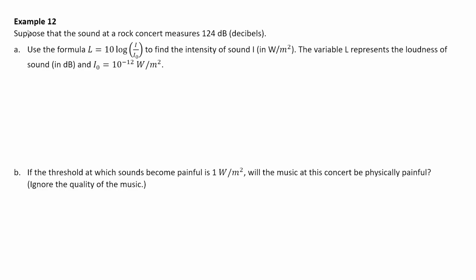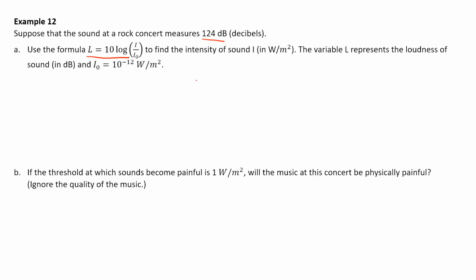The variable L represents the loudness of sound in decibels, and I sub 0 equals 10 to the negative 12 watts per square meter. So we're going to use this equation and fill in all the things we know, which is just that it was 124 decibels.